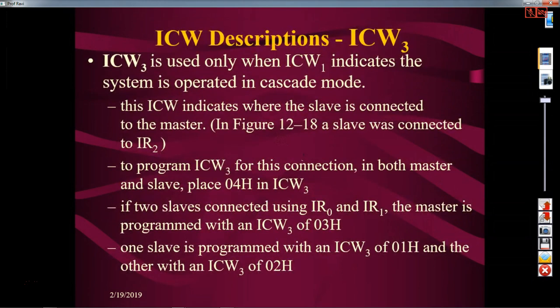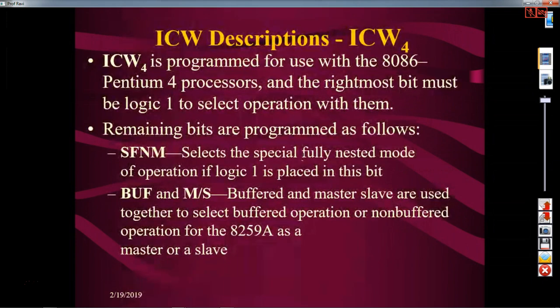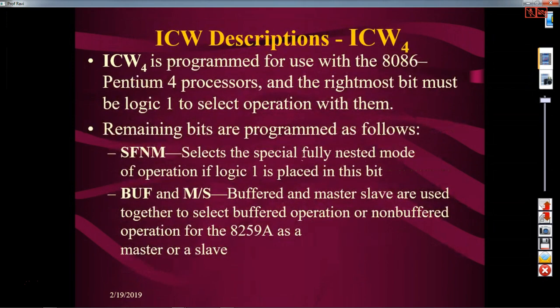Now in the ICW3 description, ICW3 is used only when ICW1 indicates the system is operated in cascaded mode. In cascaded mode you can go ahead, and then ICW4 is programmed for use with 8086.